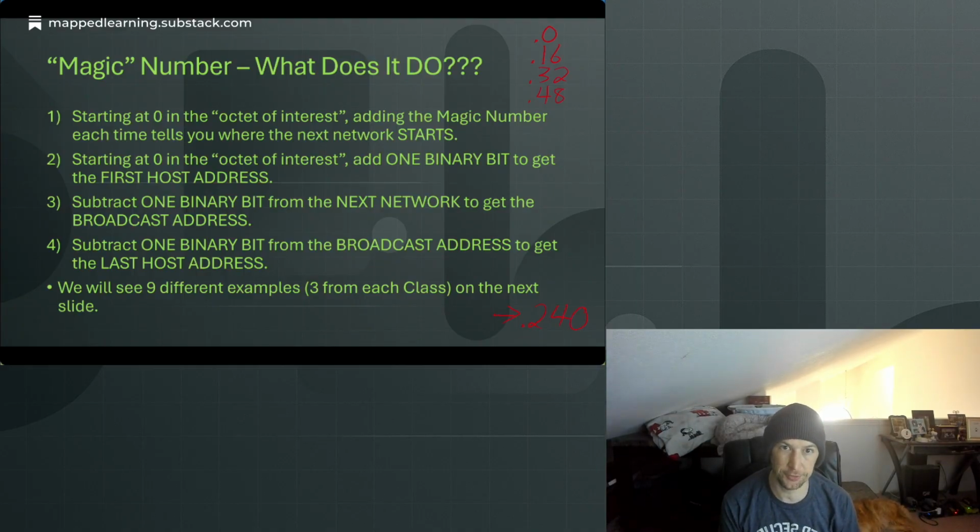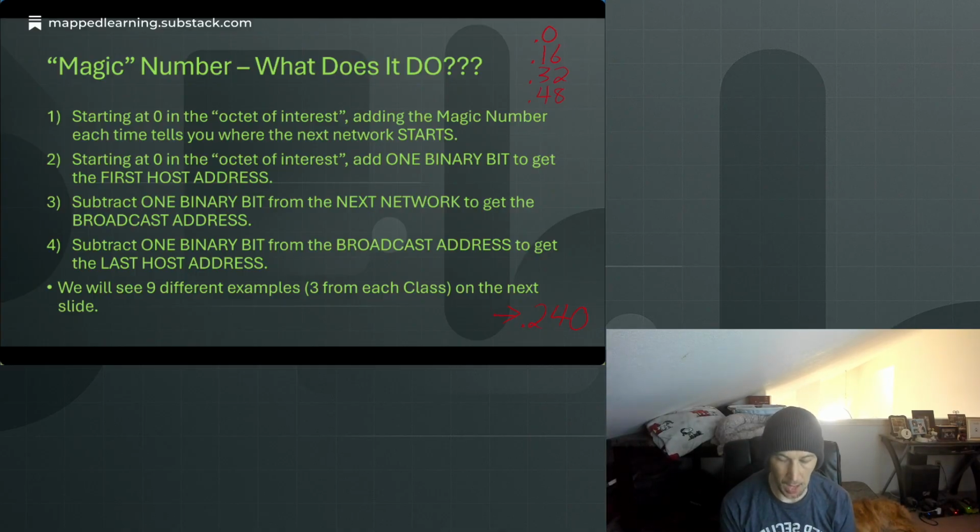Because if you add the magic number to 240, what does it get you? 256. That's too large for a single octet. So when you reach the new subnet mask in the octet of interest, you don't need to add the magic number anymore. Okay?